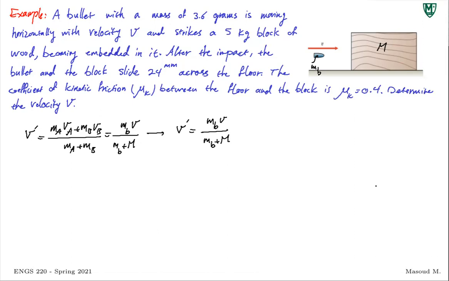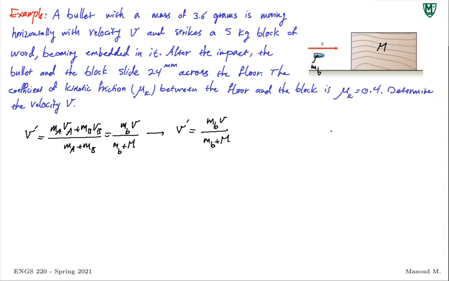Once they hit, at that moment they become one object, and that's where we start studying this motion using the energy method. This whole object starts moving, goes 24 millimeters to the right, and we know the friction between this object and the floor. So if I call that moment 1, let's put it this way, 1.